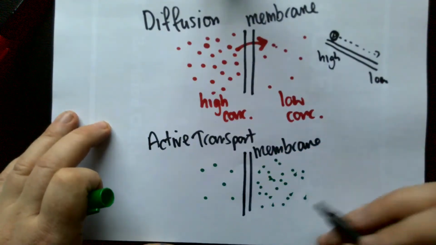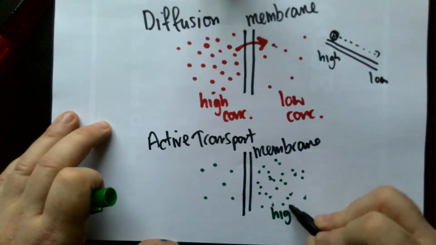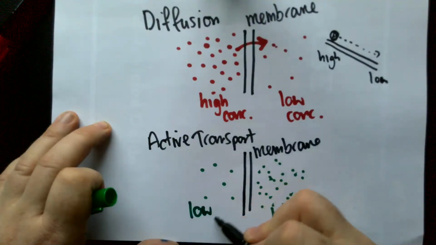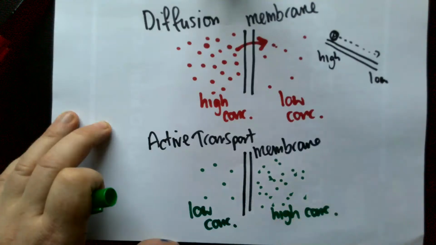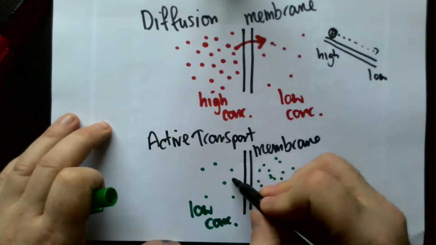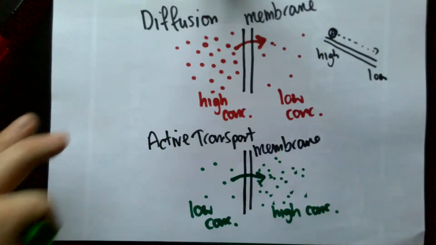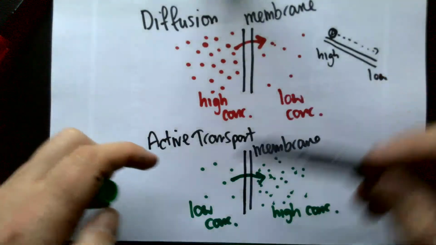So clearly we have high concentration on this side, low concentration on this side. But what happens here is this moves across to here. Now that seems to be the opposite of diffusion, and it is.